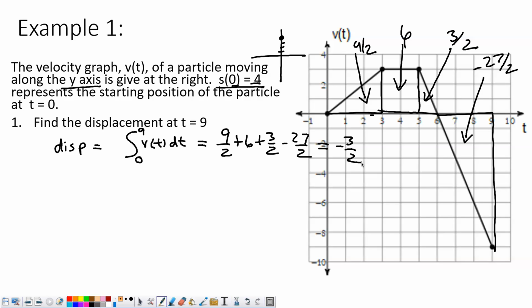From the original starting point, you moved negative 3 halves. That's right. So from 4, we're going to go down negative 3 halves, which is 1 1/2. So my final position would be right about there, 2 1/2 on the y-axis, is what that means. Now that doesn't mean I just went from here to here, though. We might have gone all over the place, but that's where we landed. That's our displacement.